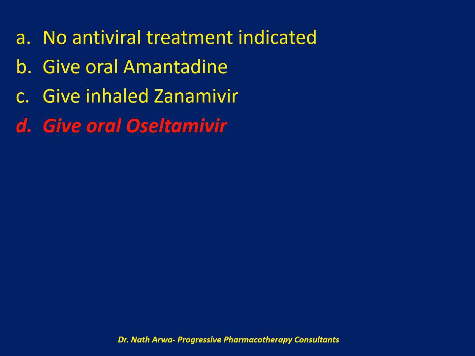Now, zanamivir also has less clinical data, and it may decrease the incidence of influenza complications relative to oseltamivir. So, oseltamivir appears, in my opinion, to be superior. That makes answer D the correct answer to this question. Let's move to the next slide, please.